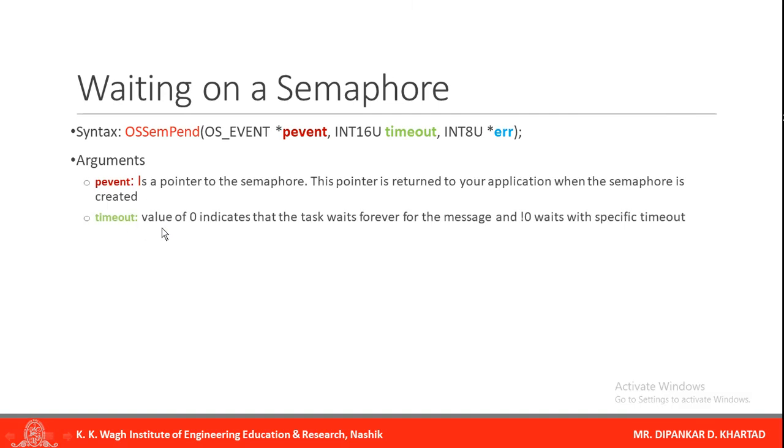Timeout: a value of 0 indicates that the task waits forever for the message, and not 0 means it will wait for the specific time.